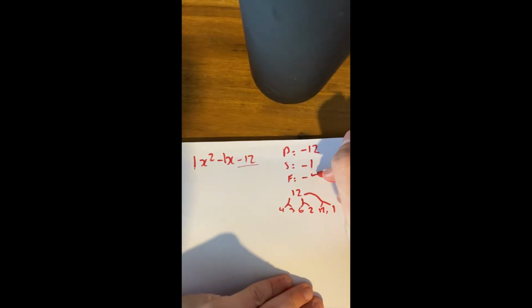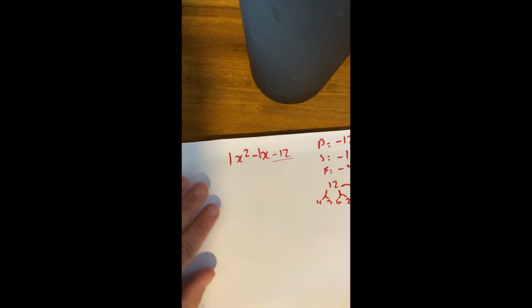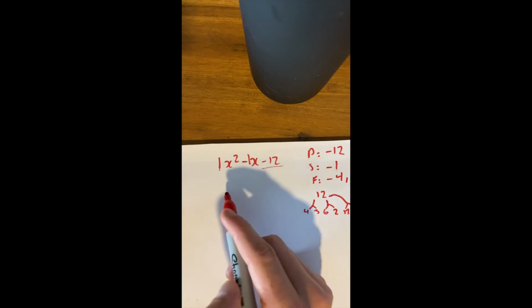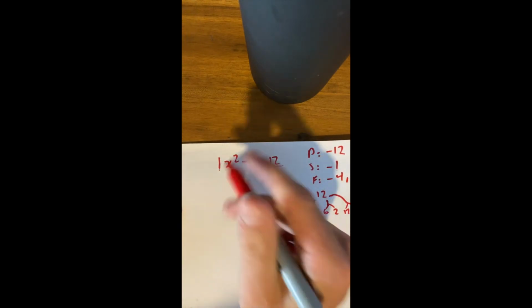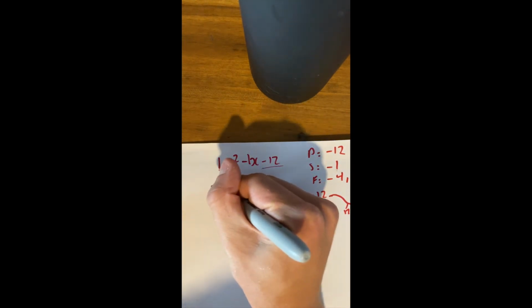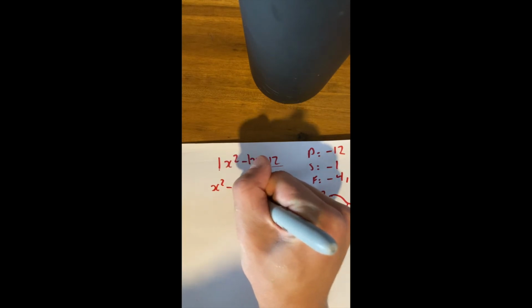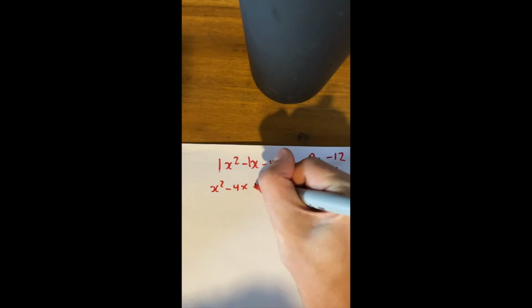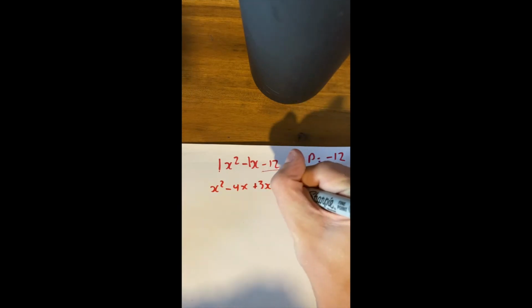So therefore the factors are -4, 3. So like last time, we'll split this quadratic up into two parts according to the factors. So that will be x squared minus 4x plus 3x minus 12.